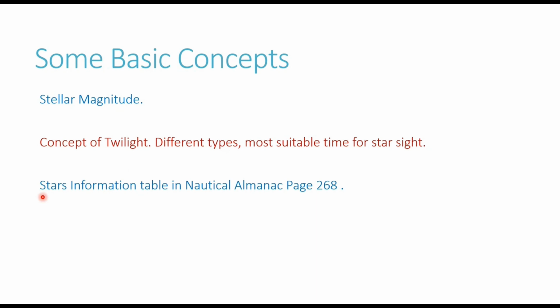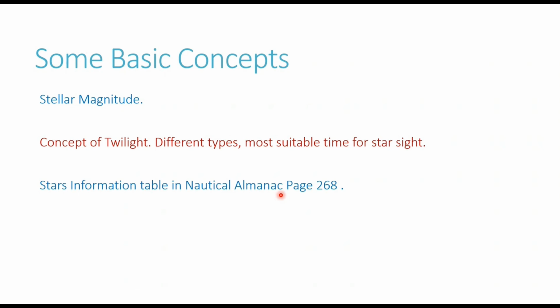The third concept which we need to be comfortable with is the stars information table, which is given in the nautical almanac. If you go in the nautical almanac, you have the information related to the stars given on the daily pages also. But in the daily page, there are only some selected stars, to be precise, 57 selected stars, whose SHA and declination is provided on a daily basis.